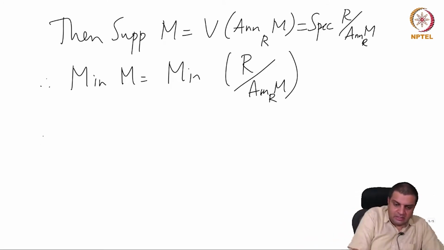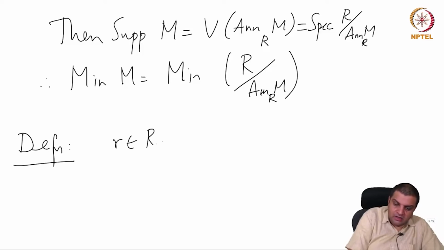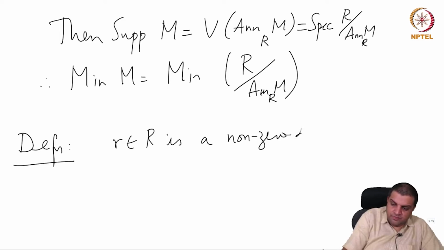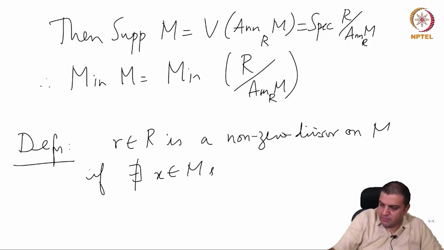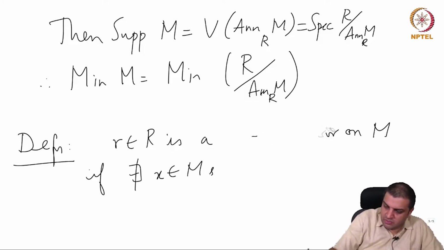And another definition was of non-zero divisor. r in R is a non-zero divisor on M if there does not exist x in M, non-zero, such that rx is 0. Sorry, I'm defining this term.